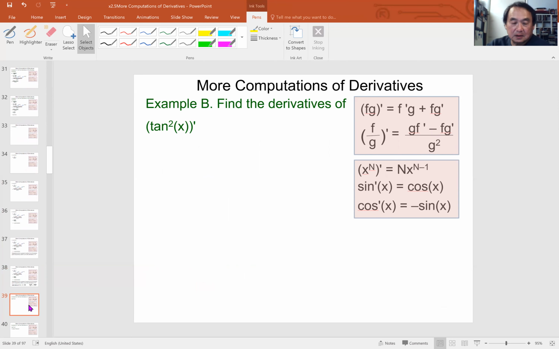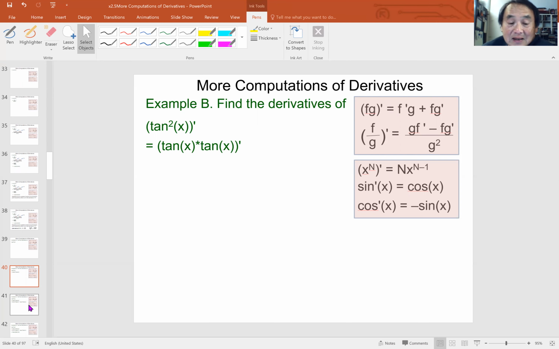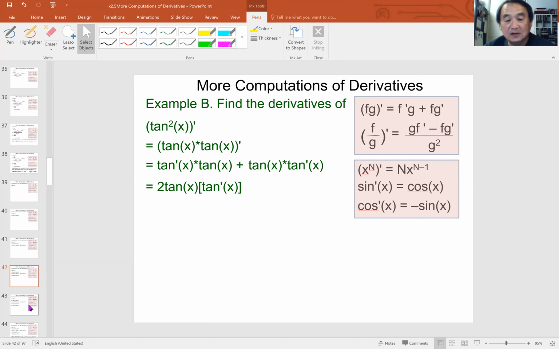And here is how we find the derivative of tangent squared. One way to do it is to interpret tangent squared as a product, tangent times tangent. Then I can apply the product rule, and I get the derivative of tangent times tangent twice.